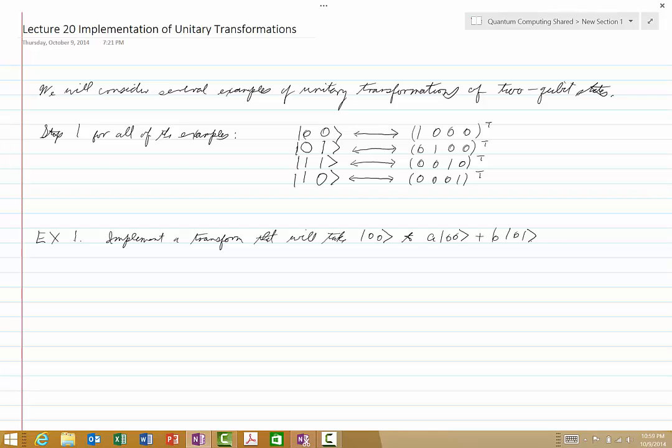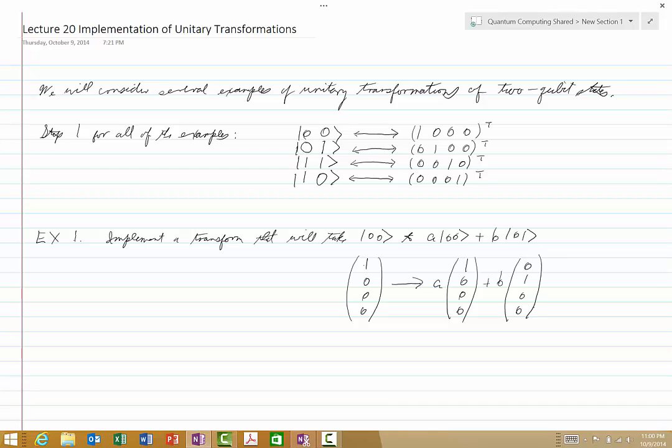We want to make sure that it is a unitary matrix, and notice that when we put this in terms of vectors, what we're saying is that 1 0 0 0 is being mapped to A times 1 0 0 0 plus B times 0 1 0 0.